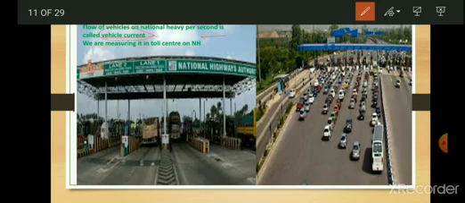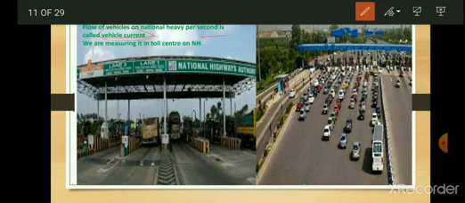The number of vehicles travelling on the national highway is the vehicle current. Similarly, the number of charges flowing in a circuit is called the electric current.